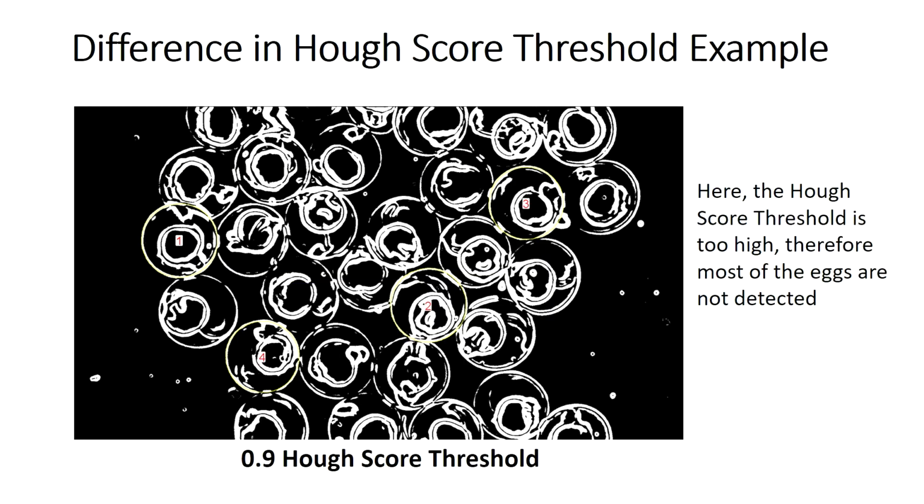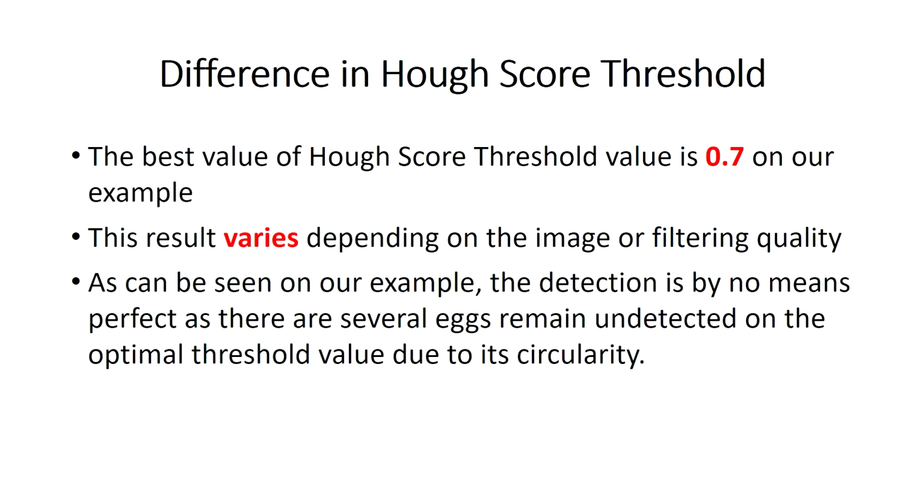But in our case, because there are some eggs that are not fully circular, because the edges are not too defined in the video even after filtering, 0.7 is the best, and it will also reduce the errors.